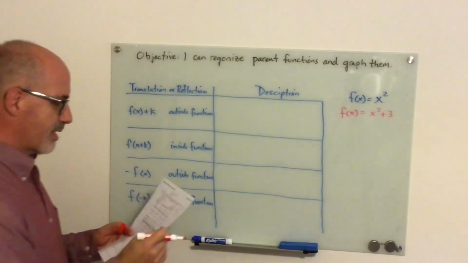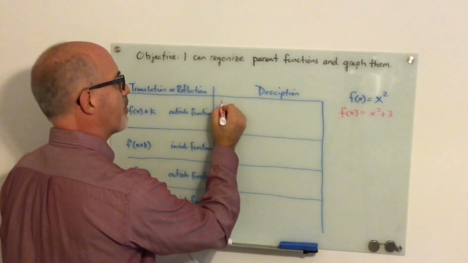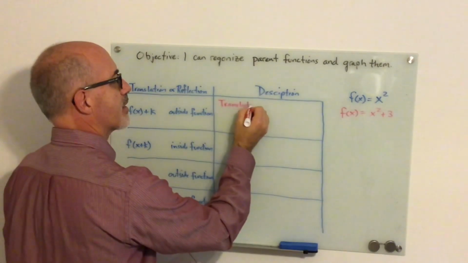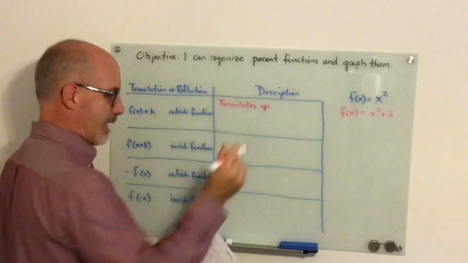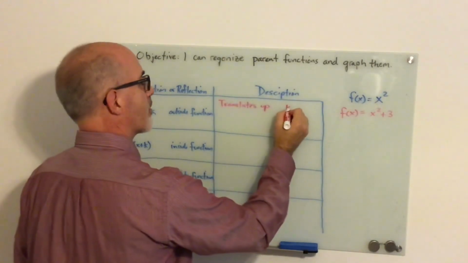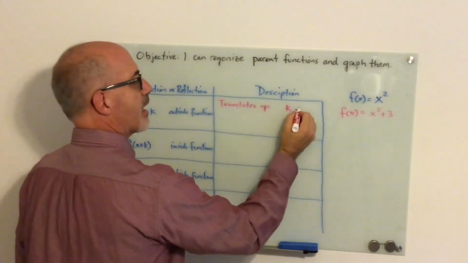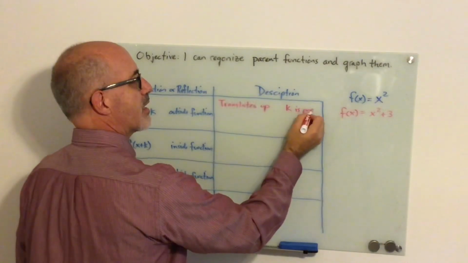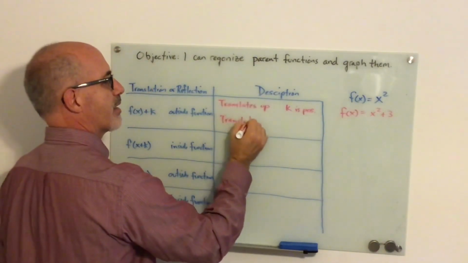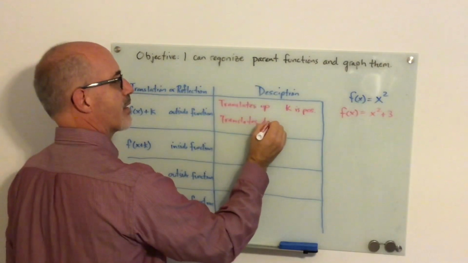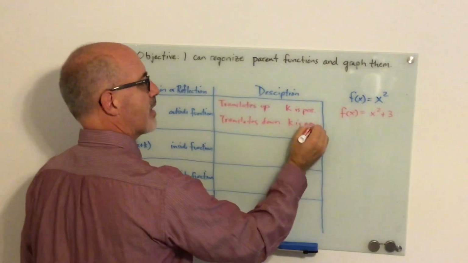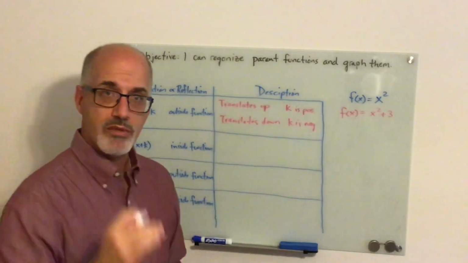What that does is it translates it up if k is positive. This number here, k, is positive. It translates it down if k is negative. So if that had been a negative 3, it would have moved it down.